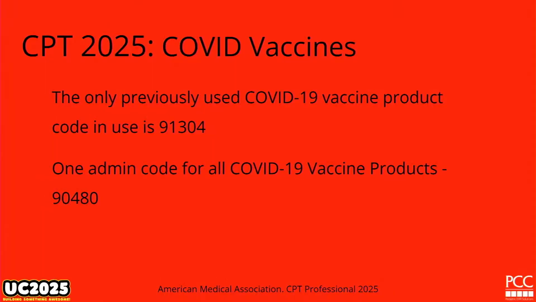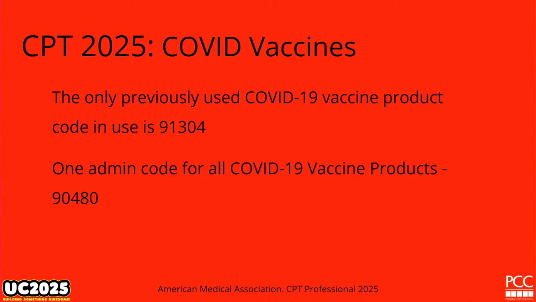And then a big change for COVID vaccines. So the only previously used COVID-19 vaccine product that is in use for this update is 91304. That was one that was being used previously that has carried over and is still allowed to be coded. There is one admin code for all COVID-19 products as of this update, 90480.